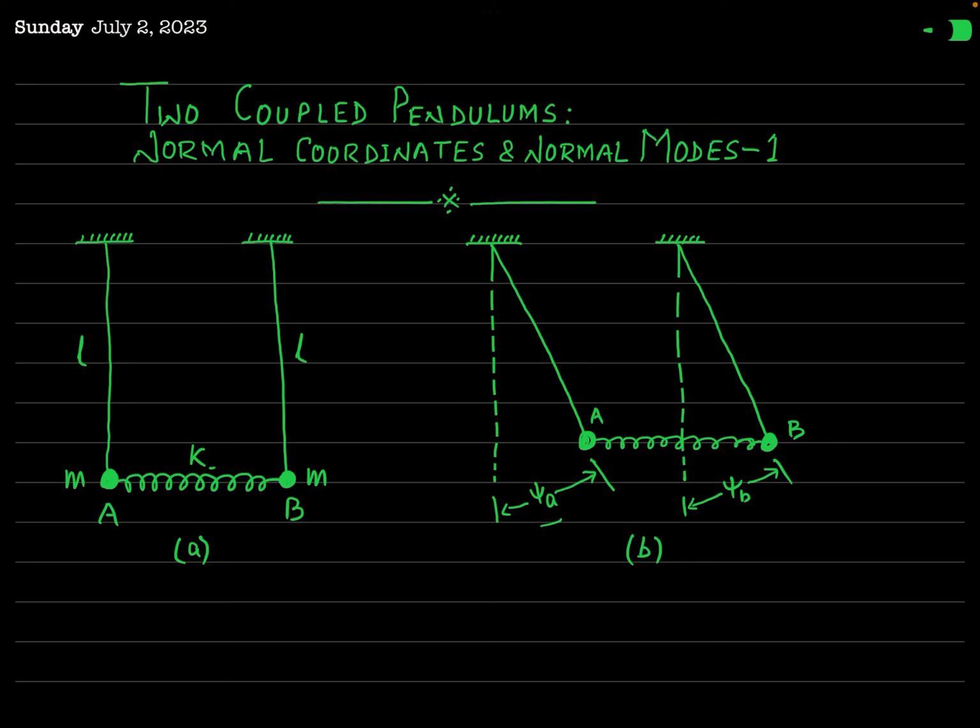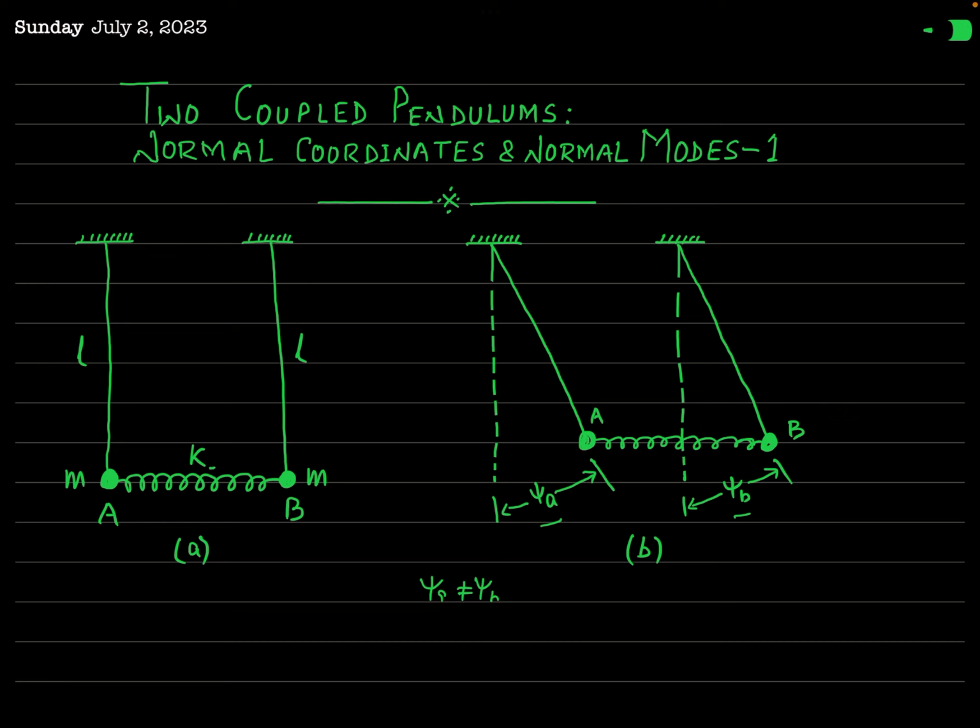This psi A is the displacement of pendulum A. At the same time, the second pendulum B has been displaced by psi B from its equilibrium position. And in general, we have to take that psi A is not equal to psi B.